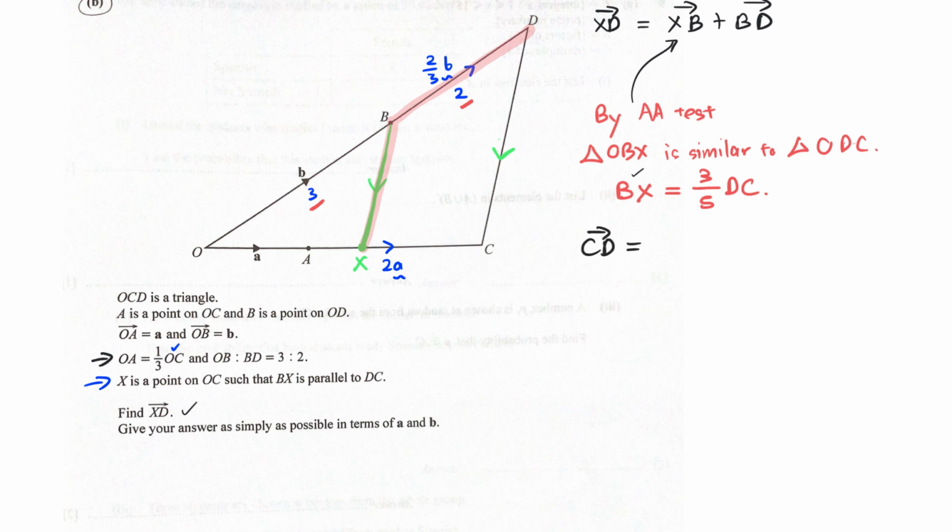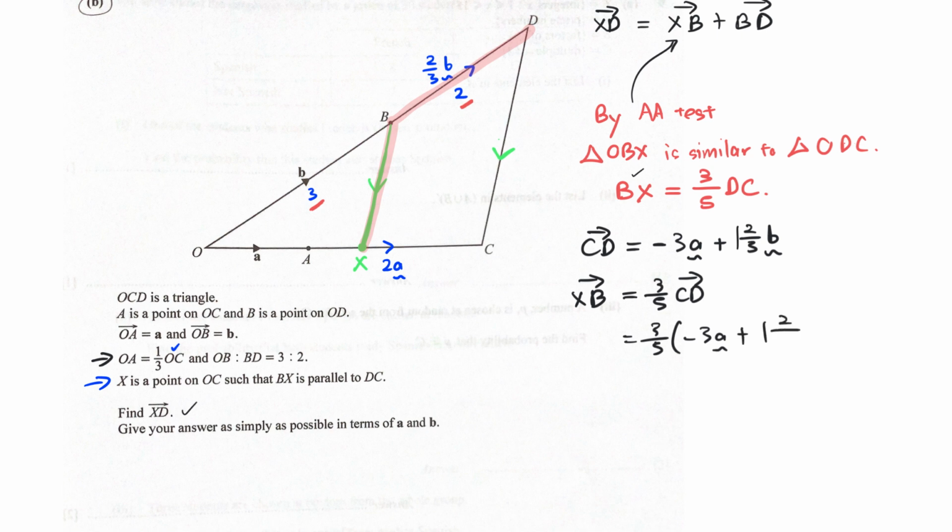So CD is going to take a long path of -3A, going the opposite direction, plus 1 2/3 B. Therefore XB must be 3/5 of CD, which is calculated out to be -9/5 A plus just 1 B.